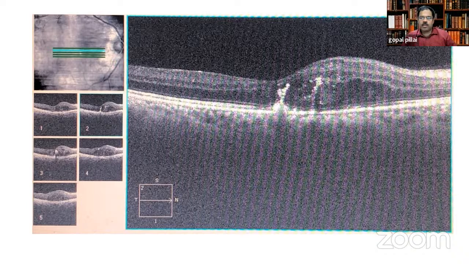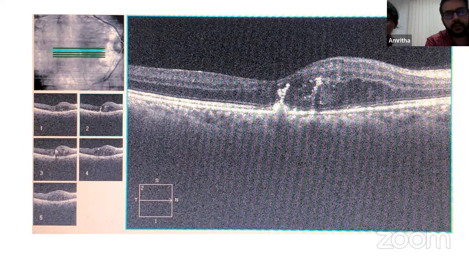Can you tell me what is the classification of edema in diabetic retinopathy? OCT classification of edema in diabetic retinopathy. OCT based, sir, we can classify it as a diffuse type of edema, which is also called spongy edema. This is all morphological. Then cystoid macular edema.